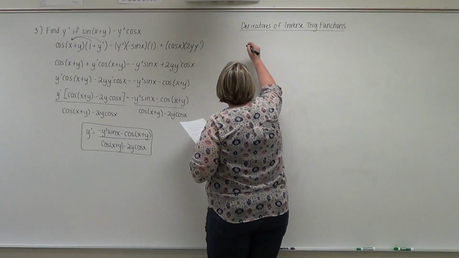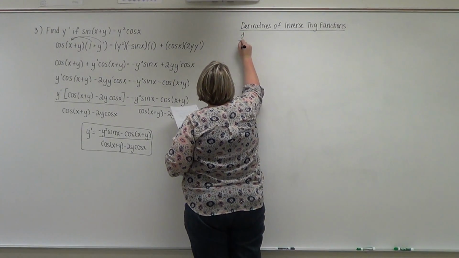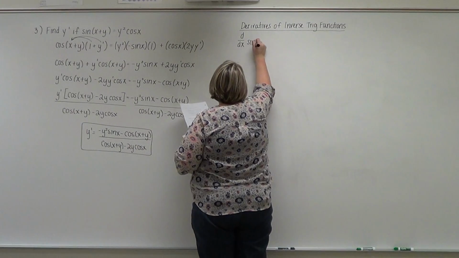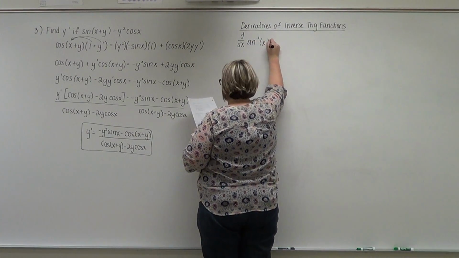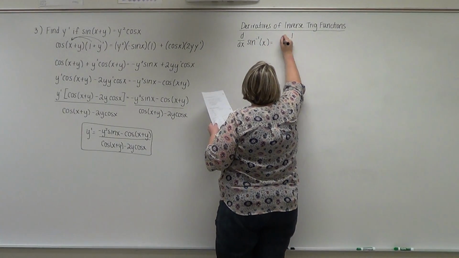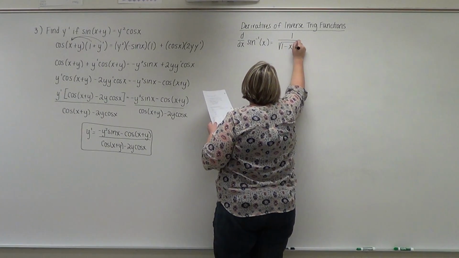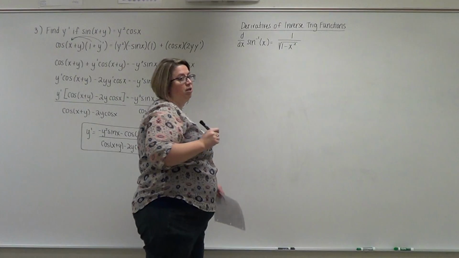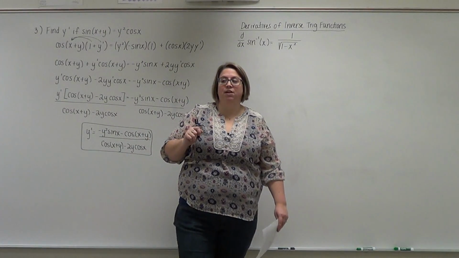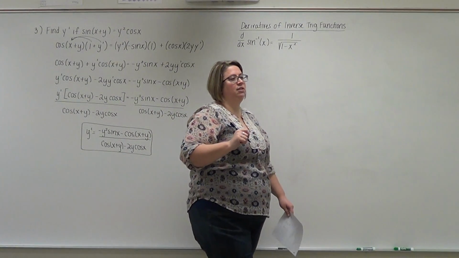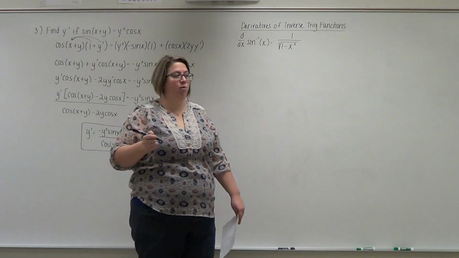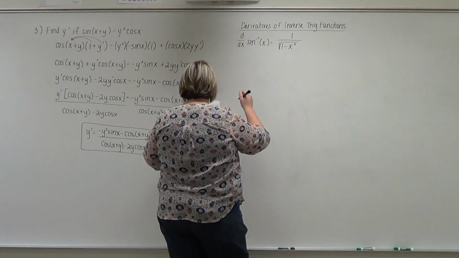So if I want to find the derivative of sine inverse, that is equal to 1 over the square root of 1 minus x squared. If you want me to explain why, I'd be happy to do that in class on Wednesday.